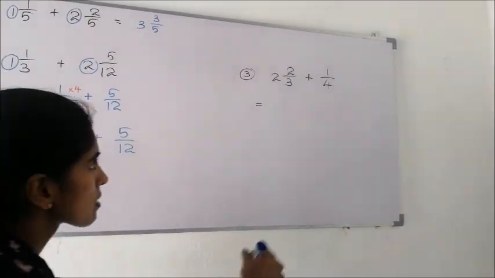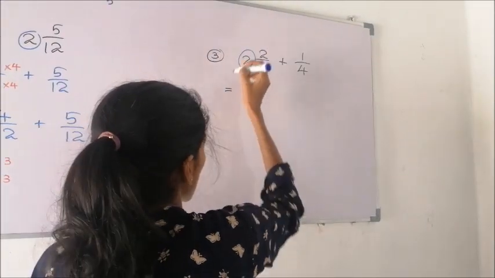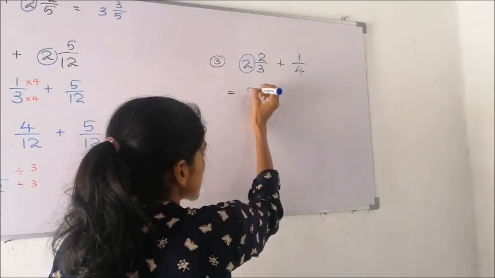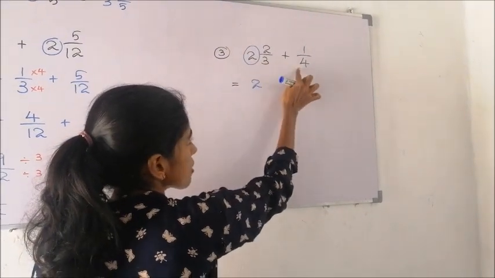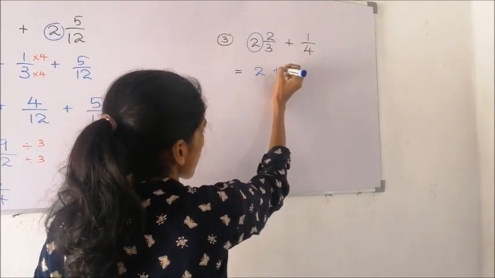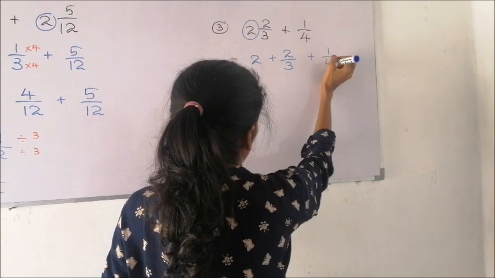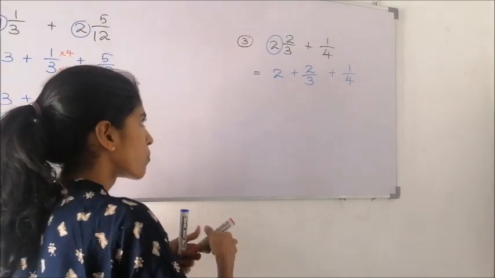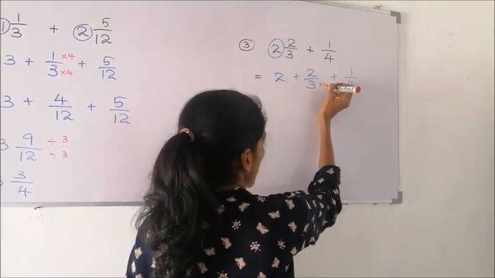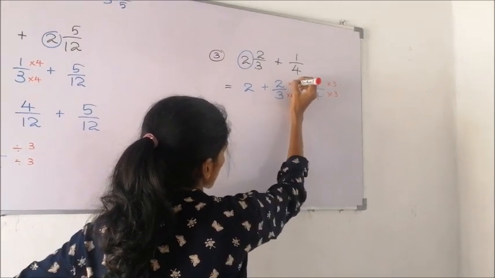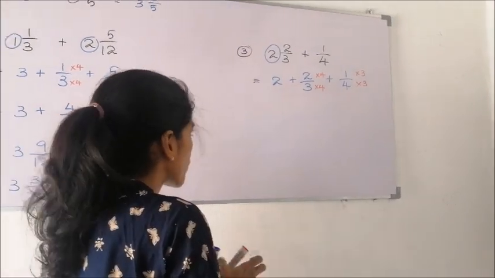Next, in this sum, we can see only one mixed number and one whole number. Write it as it is. When we consider these two fractions, the denominators are not the same, so we will write them again. To make them the same, 3 multiplied by 4, 4 multiplied by 3. Do the same things to the numerators also, children.